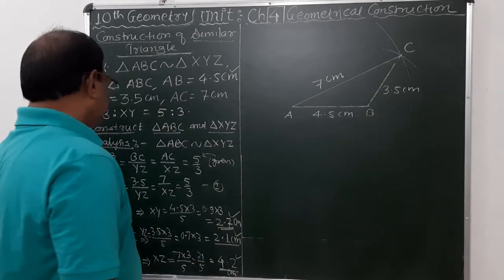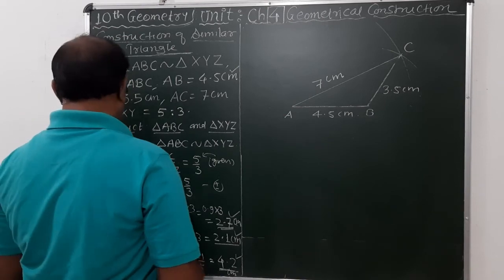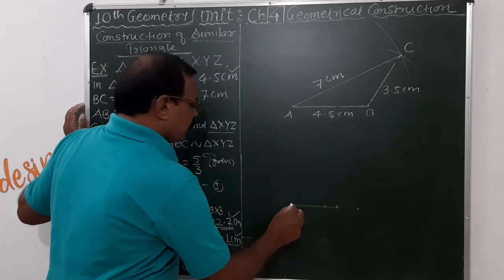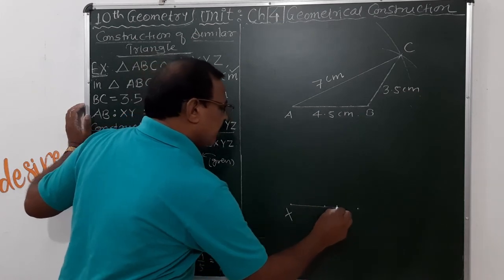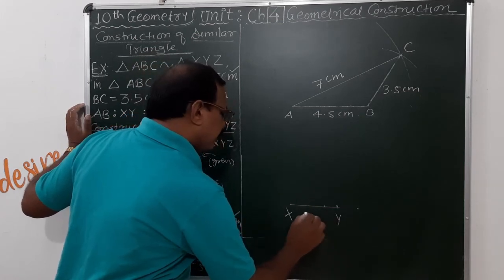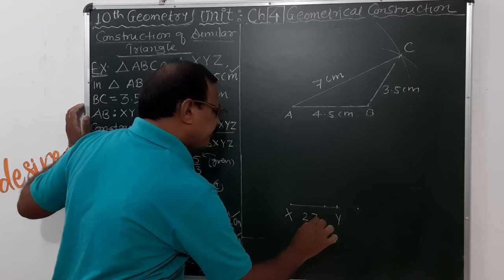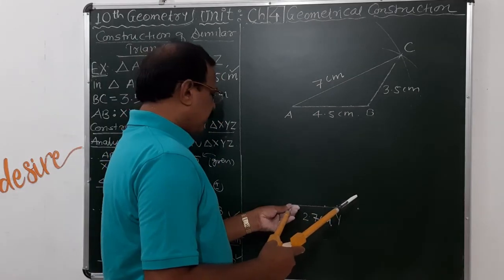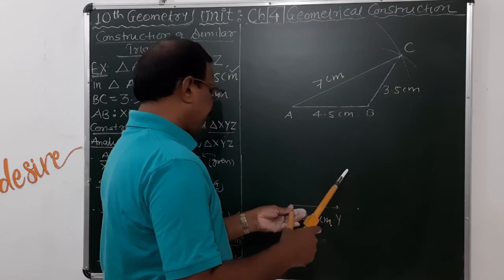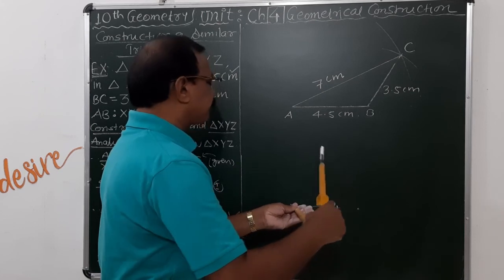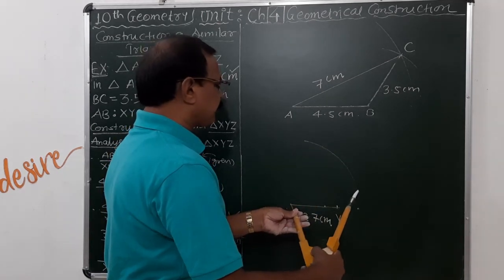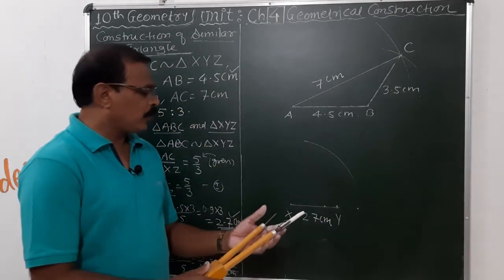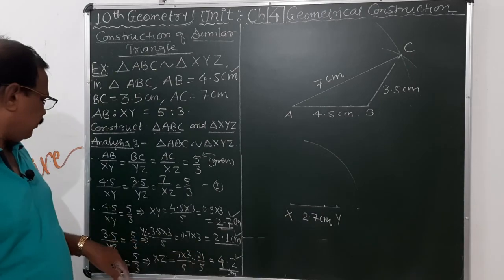Now here, XY length is nothing but 2.7 centimeter. Draw XY length, X, suppose this is Y, this much length is nothing but 2.7 centimeter. I draw an arc here from X. Then I take a distance of 2.1 centimeter for YZ.